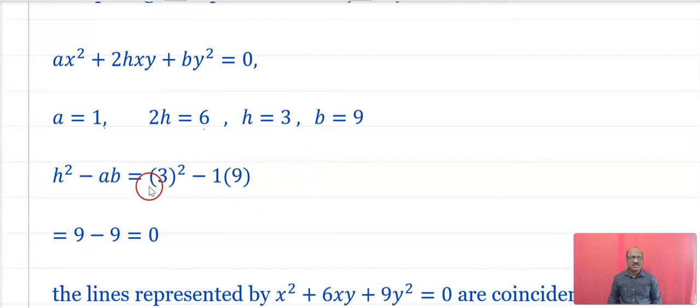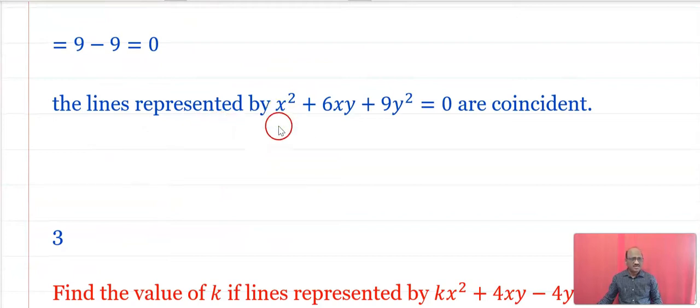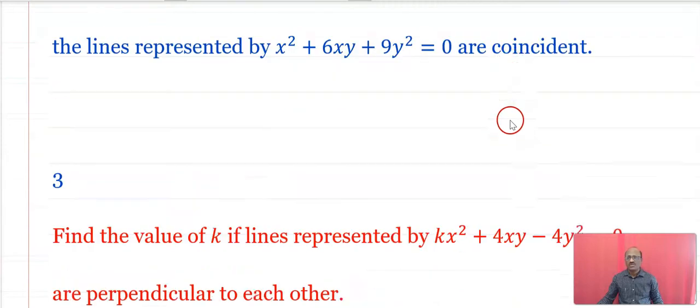In a similar manner here, the value of h is 3, so 3 square minus 1 into 9, and 3 square is 9, 9 minus 9 equals 0. Therefore the lines represented by x square plus 6xy plus 9y square equals 0 are coincident.